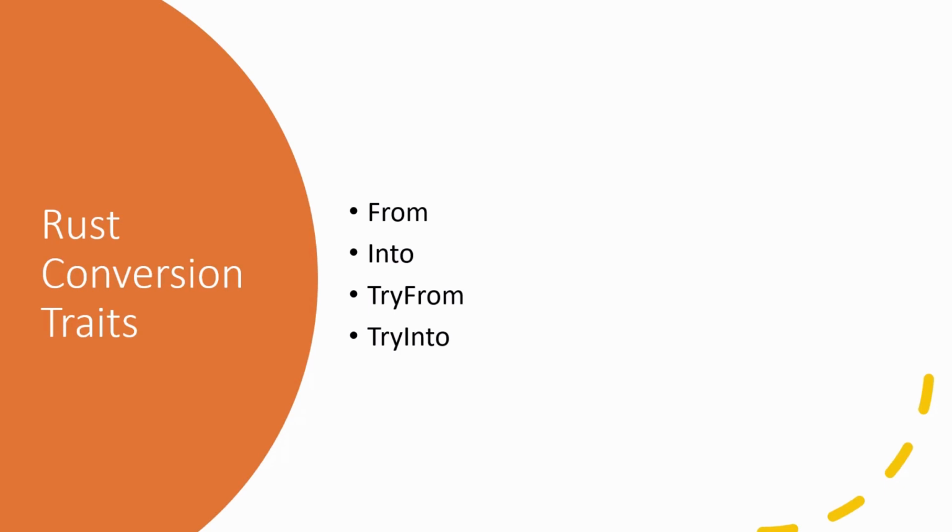It is often implemented for the source type and defines the try_into method, which returns a result indicating success or failure of the conversion. Again, one should prefer implementing the TryFrom trait, which offers great flexibility and provides equivalent implementation to TryInto for free.